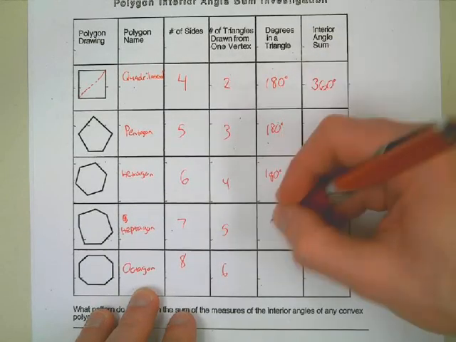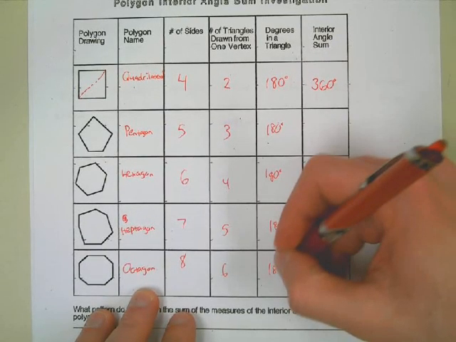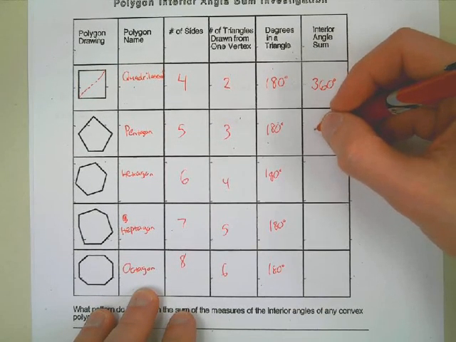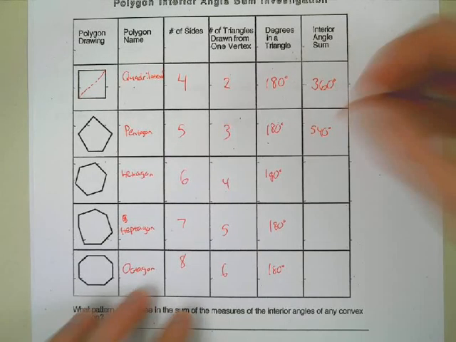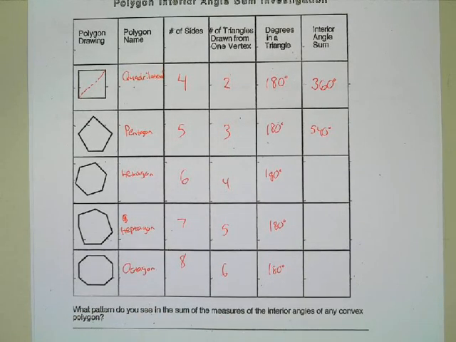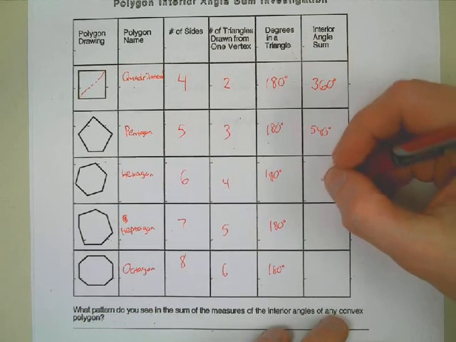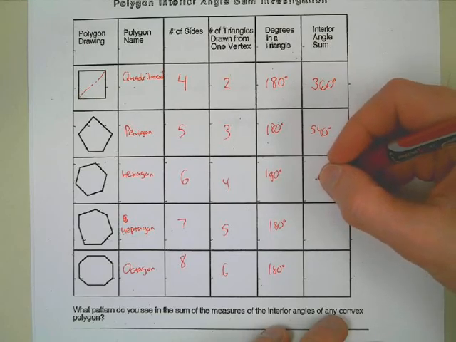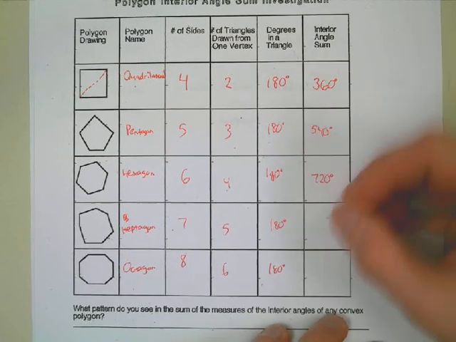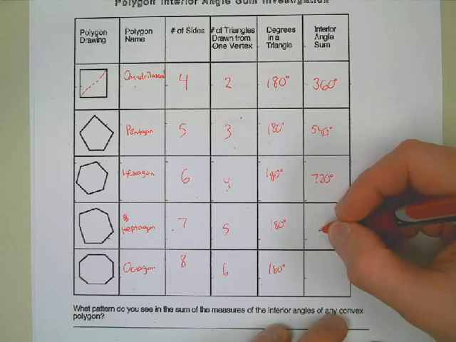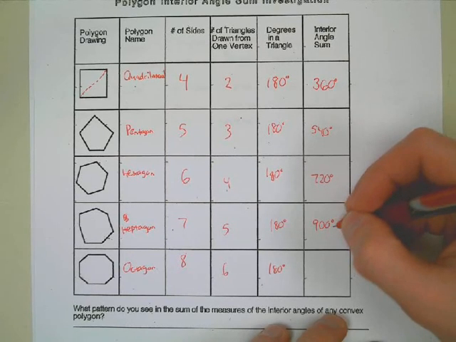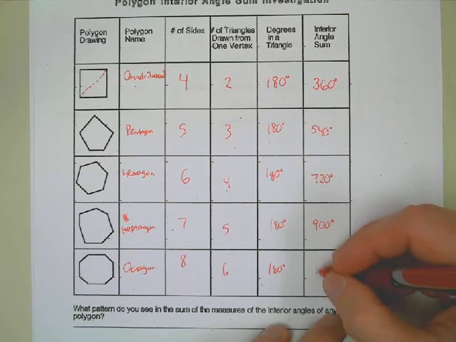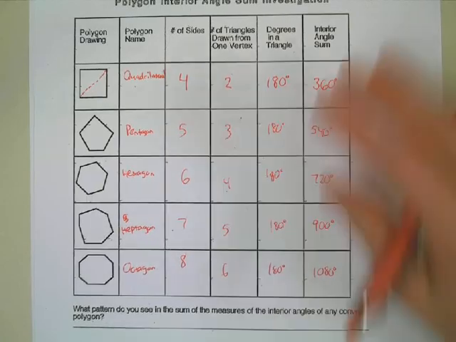Then 540, 720, 900 and 1080. So there's our filled in sheet there.